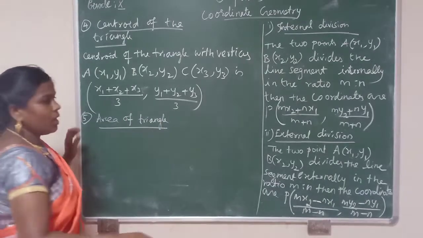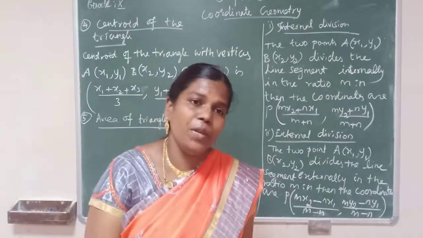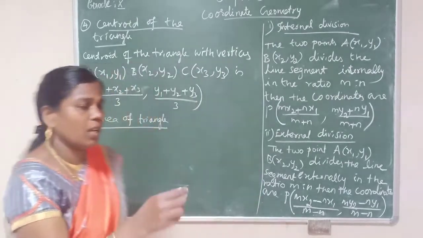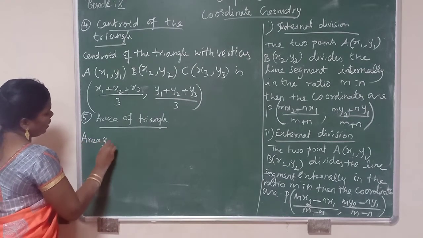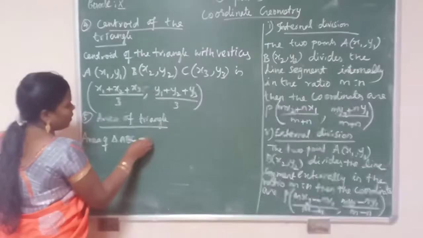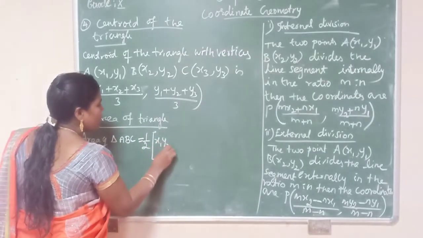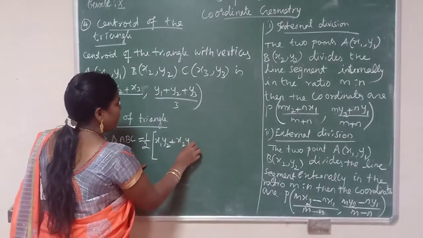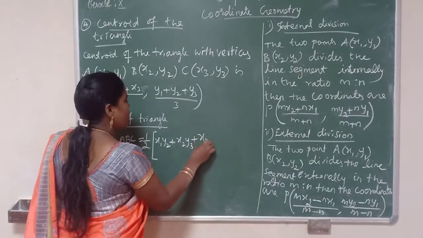Area of triangle ABC, if we consider A(x1, y1), B(x2, y2), C(x3, y3), we have the area of triangle formula. Area of triangle ABC equals half into x1 y2 plus x2 y3 plus x3 y1.